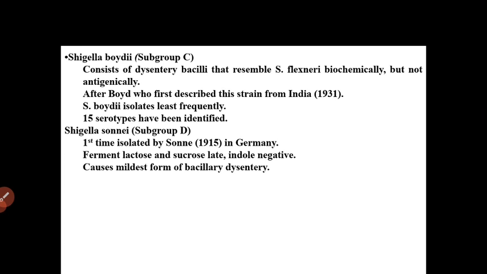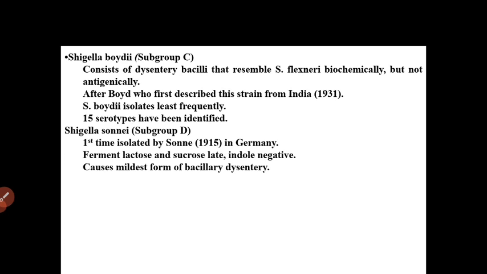Shigella boydii, group C, consists of dysentery bacilli that resemble Shigella flexneri biochemically but not antigenically. Named after Boyd, who first described this strain in India in 1931. Shigella boydii is isolated least frequently, and 15 serotypes have been identified.